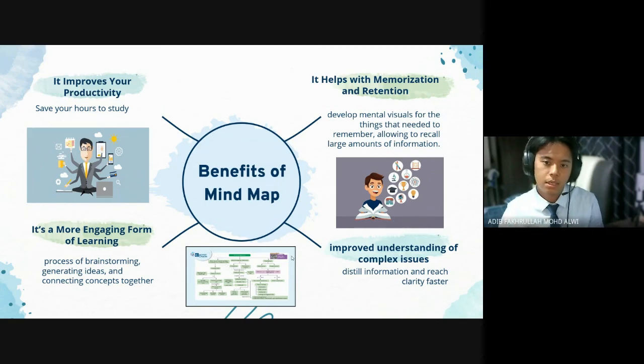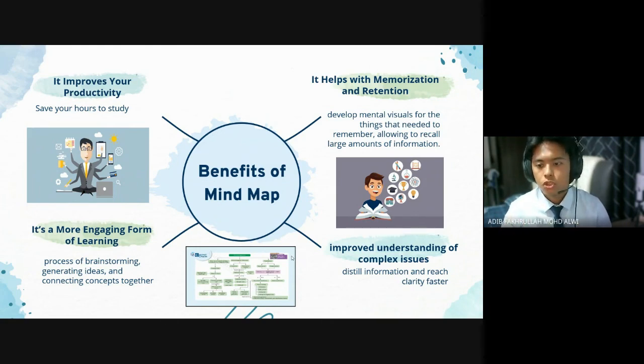So the next benefit is that it's a more engaging form of learning, because mind maps create meaningful engagement as learners actively engage in brainstorming, generating ideas, and connecting concepts together while reviewing and developing mind maps.